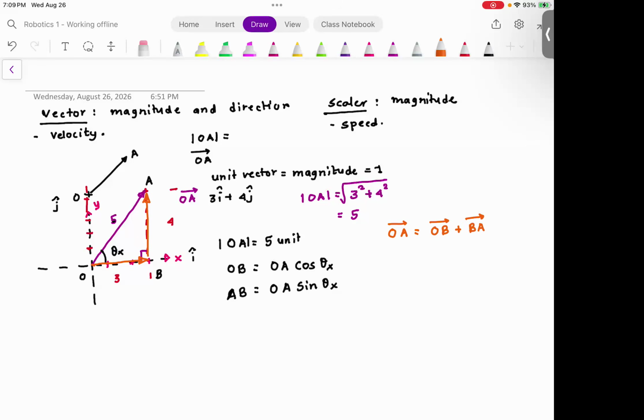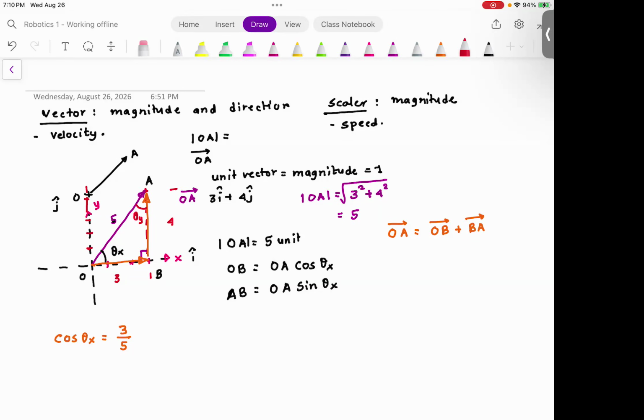Now, what I want to do is write what is cosine theta x. Cosine theta x by definition is 3 divided by 5. You agree with me? Now I'm going to give you one more angle, theta y.